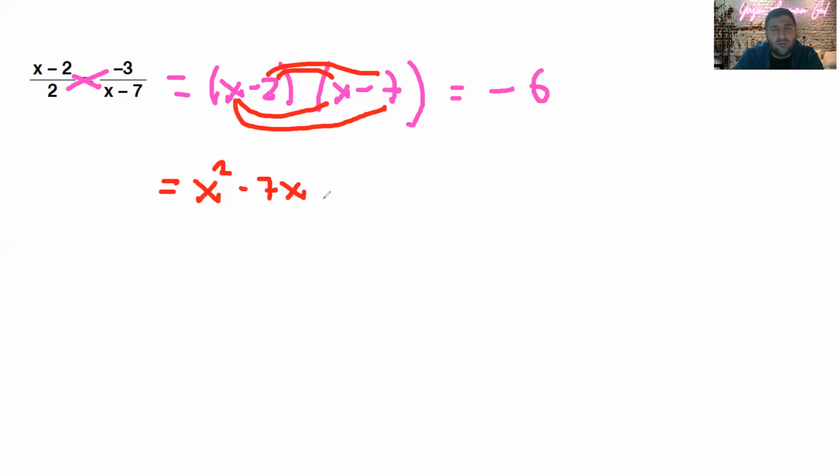Negative 2 times x will be negative 2x. Negative 2 times 7, negative 7 will be positive 14. Equals to negative 6. I'm just going to organize it small. It's going to be this. X squared, negative 7x, negative 2x will be negative 9x.